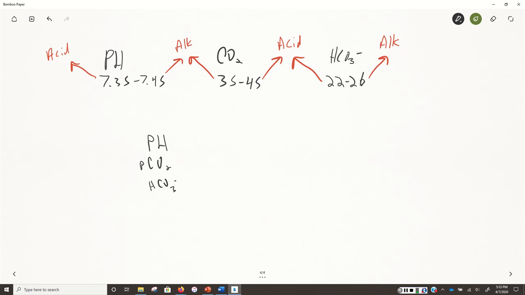Next, 7.26, CO2 49, bicarb 37. Let's go ahead and try this first on your own, and then go back and see. pH 7.26. That's over here, so that's acid. This person has acidosis.